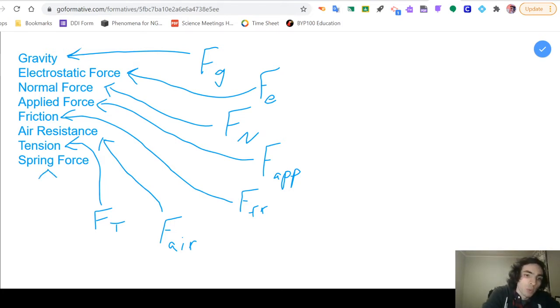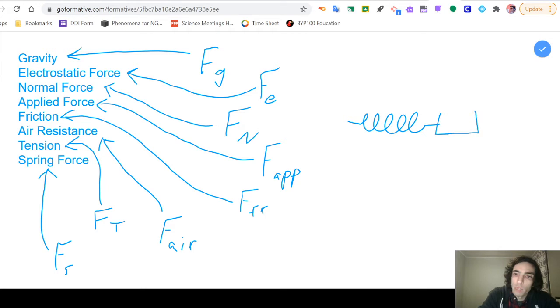And then spring force, which we don't use a lot until we start talking about springs in depth, talking about elastic potential energy. But we could go over that here, and there will be an example of that in a second. That's labeled Fs, and that's the force that a spring exerts. The weird thing about a spring is that, and here will be my bad artwork for a second, we have an object attached to a spring, and we could have a wall here that the spring itself is attached to.